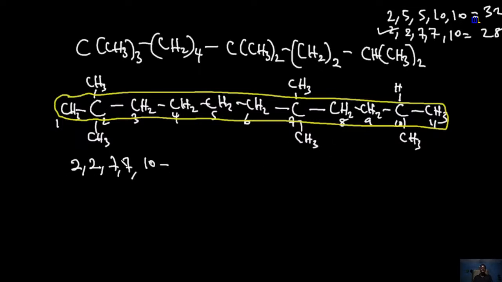How many methyls? 1, 2, 3, 4, 5. That's going to be pentamethyl. That's all about the substituents. The parent chain is undecane, and that's that. Quite easy to understand. So you notice that if you try naming it like this, you might not be able to get this. So before you start naming, it is important that you expand the condensed structure.